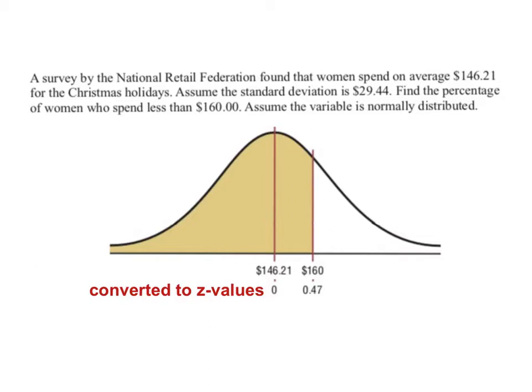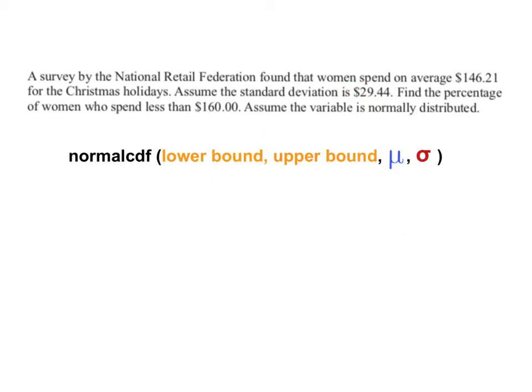And we're still going to use that normal CDF function. We're going to plug in 146.21 for our mean. So where our mean was 0, we're going to put this in. Where our standard deviation was 1, we're going to put 29.44 in. Okay? And this is how it goes.